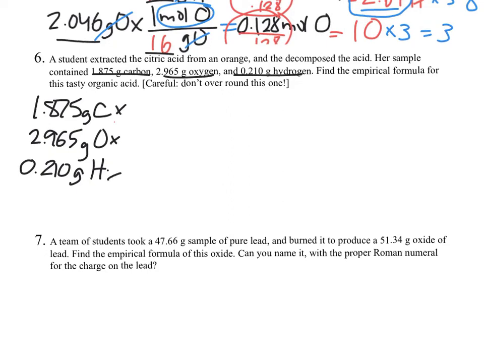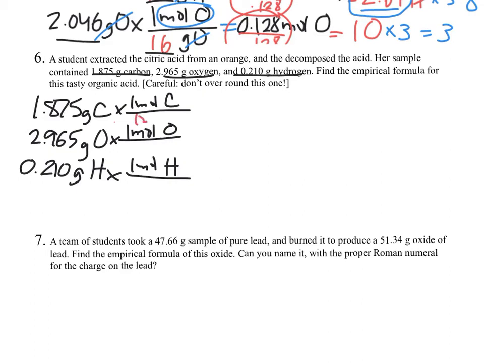We have grams, and since we're trying to find the empirical formula, we of course want to get it into moles. So there's going to be 1 mole of carbon on top, 1 mole of oxygen on top, and 1 mole of hydrogen on top. I'm now going to divide each of them because I'm going from mass to moles. On the mole map, it would be divide by molar mass.